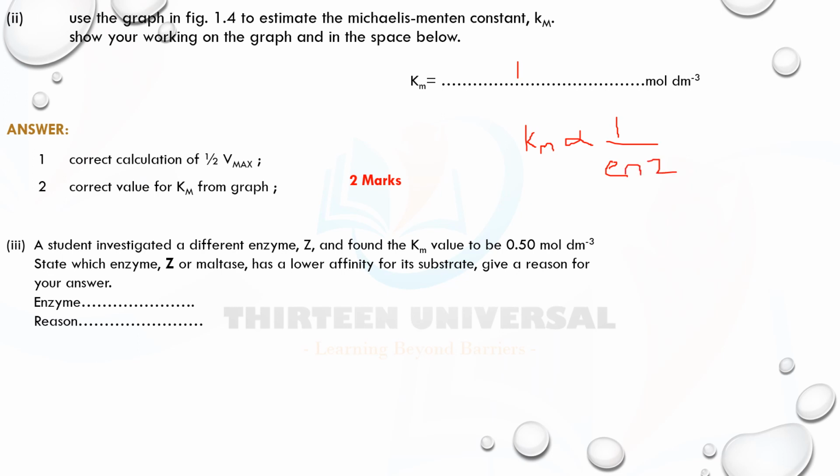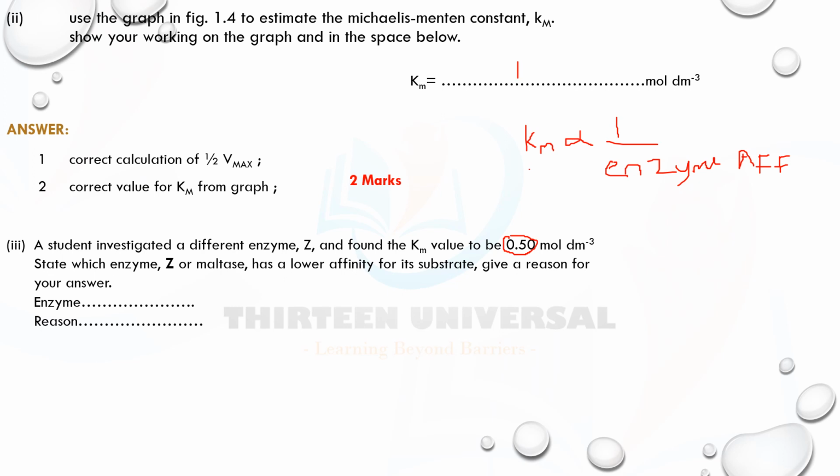Enzyme affinity is the tendency of the enzyme to bind to its substrate. So the one that has the lower Km value will have higher affinity based on this relationship. Z has 0.5, which is lower than 1.